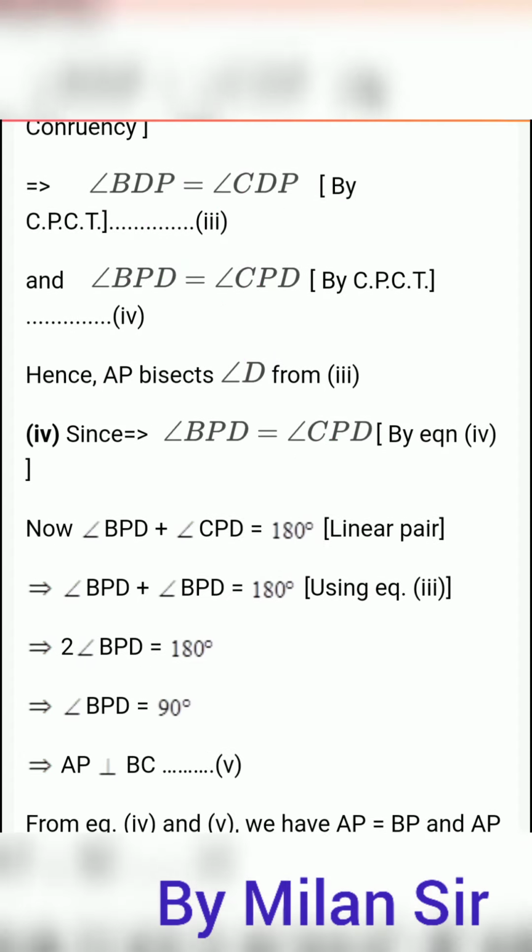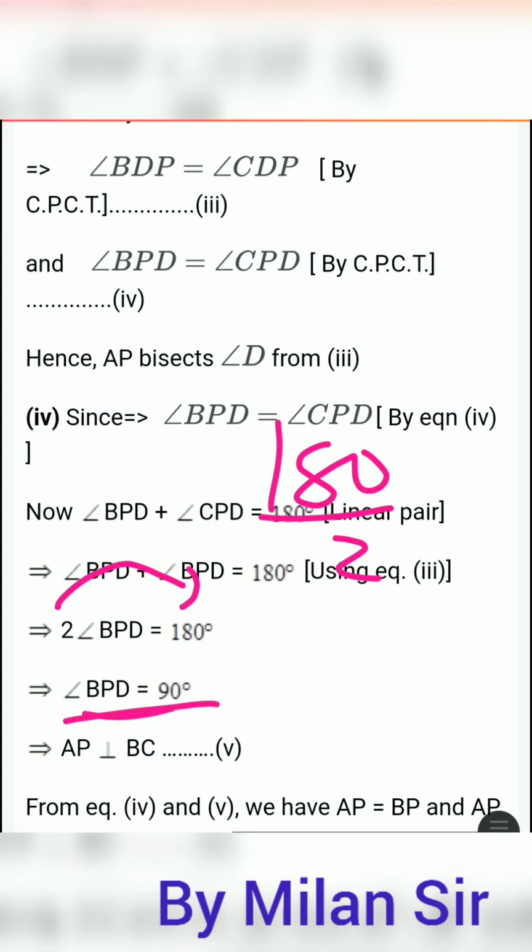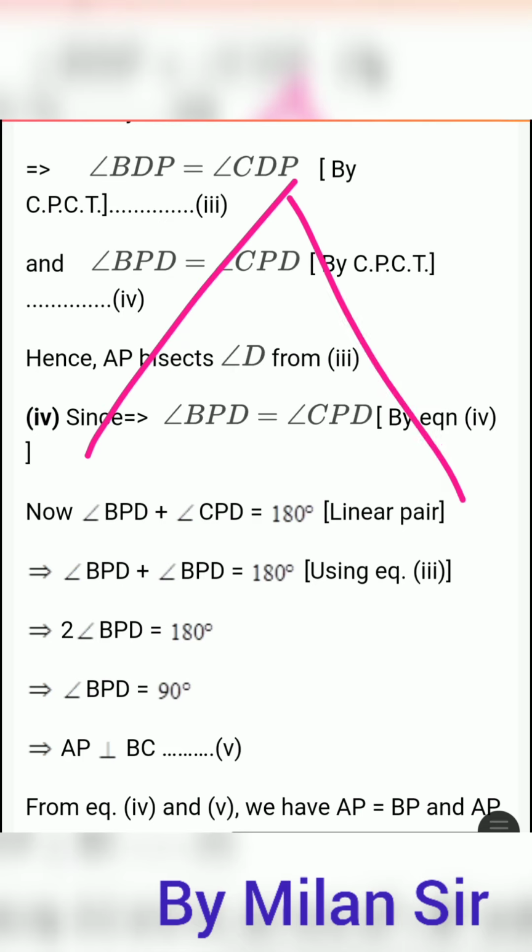But both are same, so in place of angle CPD we can write angle BPD. So 2 times angle BPD is equal to 180 degree. Then transfer this 2 to the right hand side. So 180 by 2 is 90. So angle BPD is equal to 90 degree.